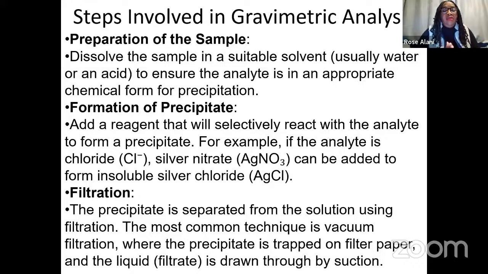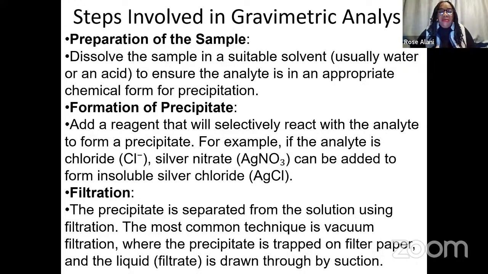So now we've talked of the formation of the precipitate. An example is if our analyte is chloride, we are looking for chloride in a sample. We know how much is there in that sample. So we use silver nitrate as the reagent that will precipitate out our chloride.